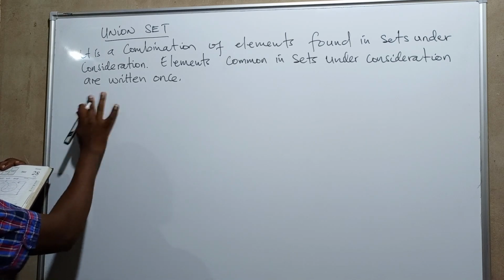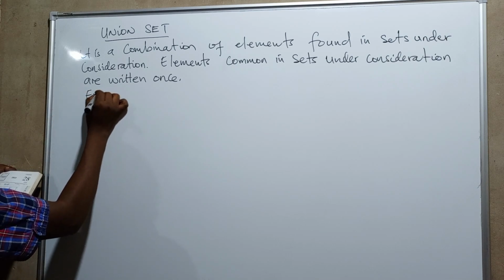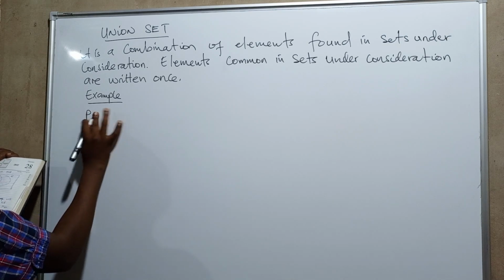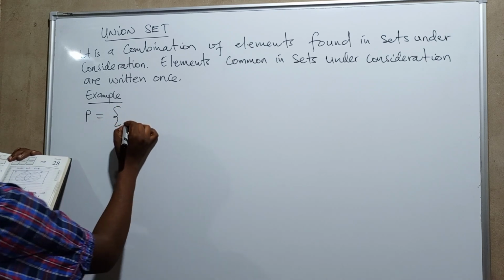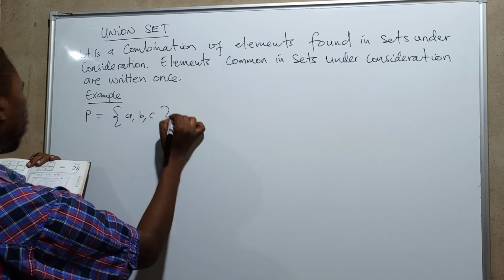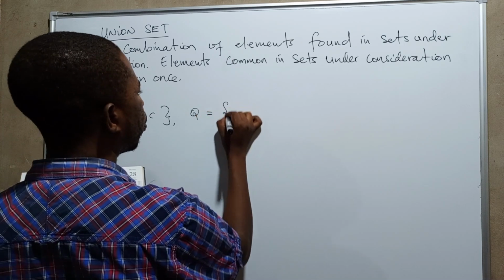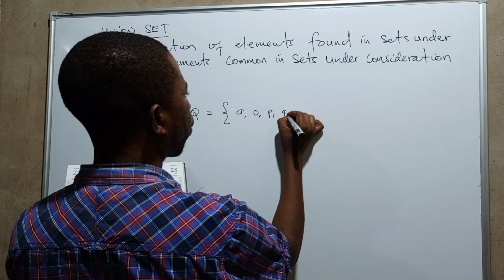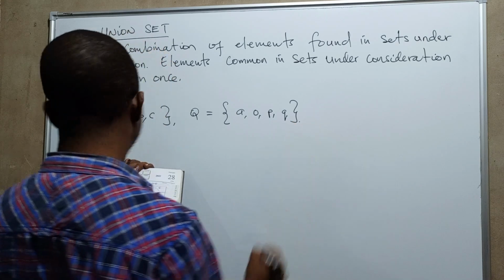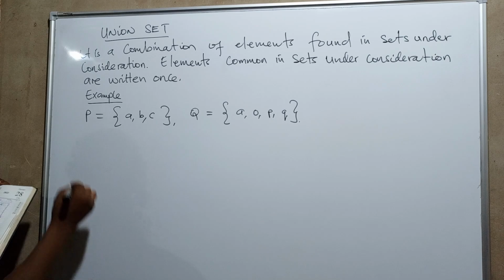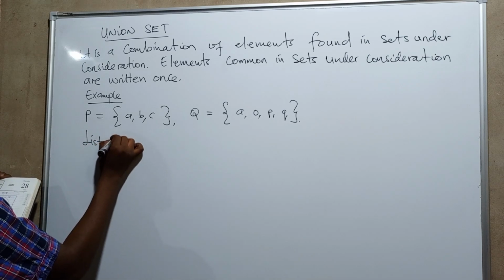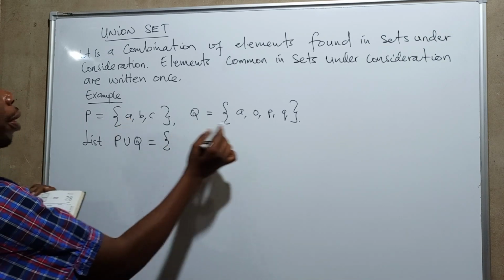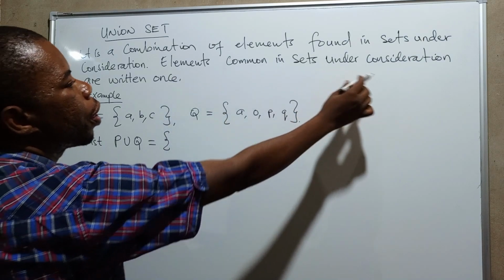Let me give an example. We have set P, which is A, B, C. Then set Q, which is A, O. Then the union set, P union Q, is going to be a combination of elements in set P and Q. But remembering that elements common in sets under consideration are written once.